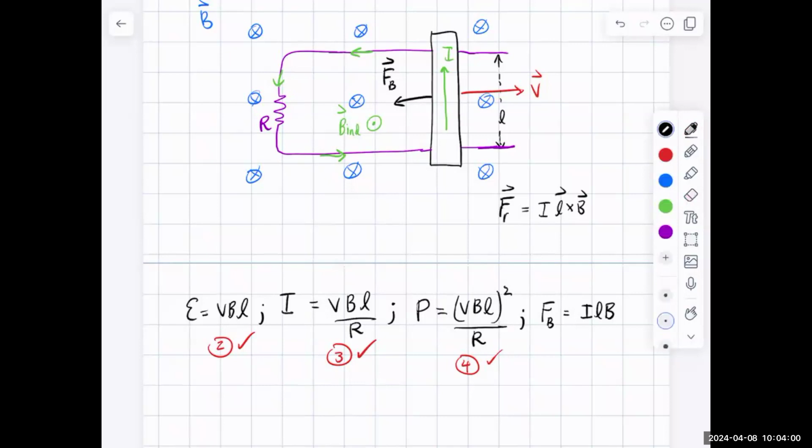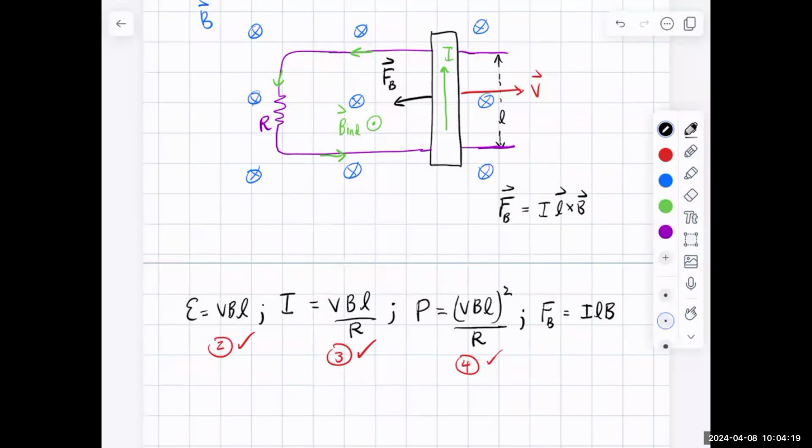We have F_B for the magnetic force on our current. The vector L is just the length of the bar, or the distance between the two parallel tracks of our circuit. And its direction is in the direction of the current, so it's upwards.